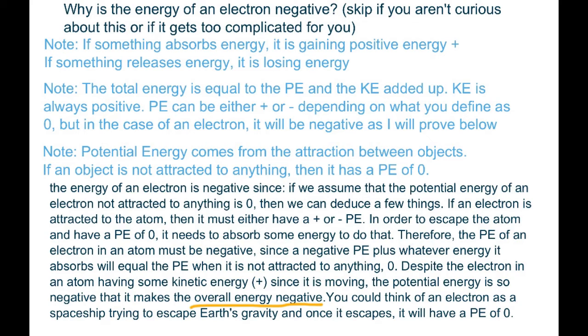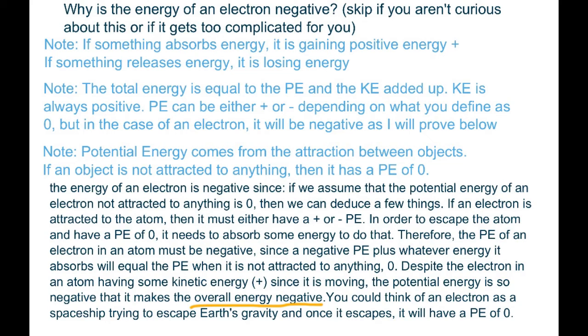Here below I have 3 notes written in blue, and these notes are for you because I am assuming that my audience isn't that well versed in advanced physics, and these topics were probably never covered in your middle school classes. So I am covering it here, and try to understand it if you can.